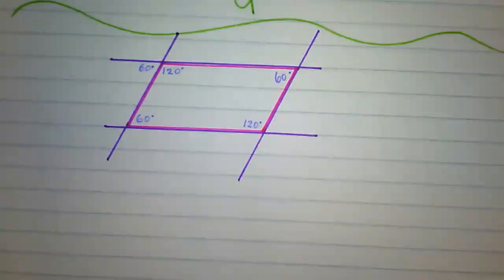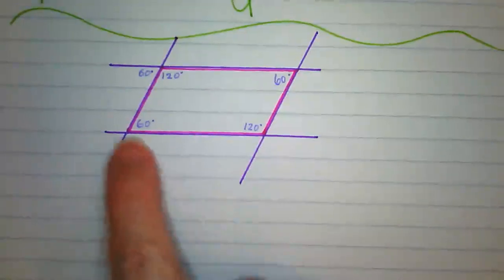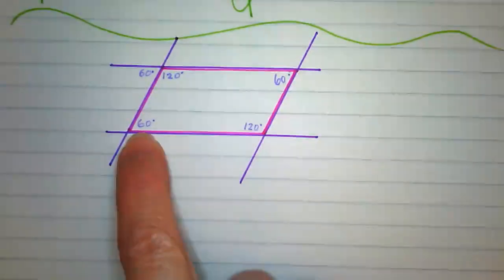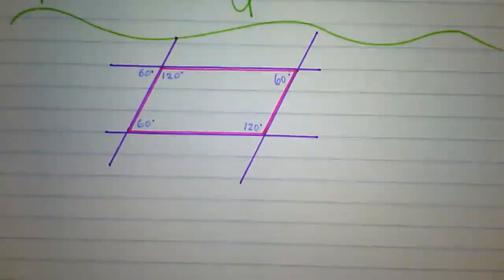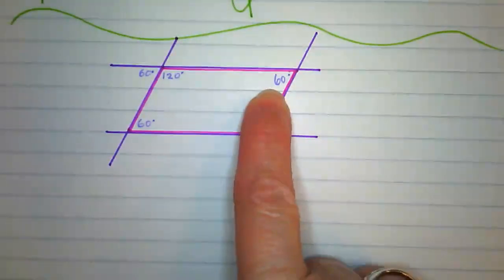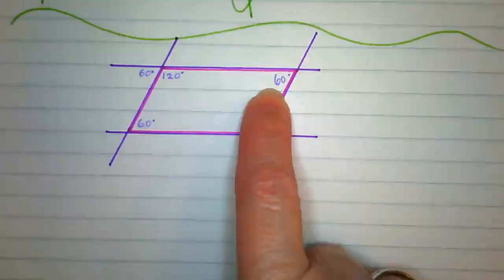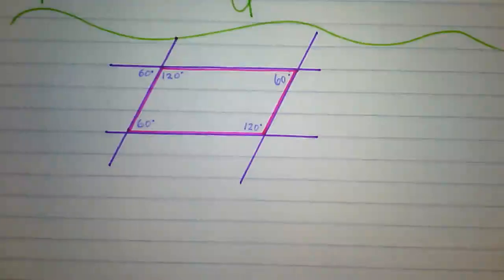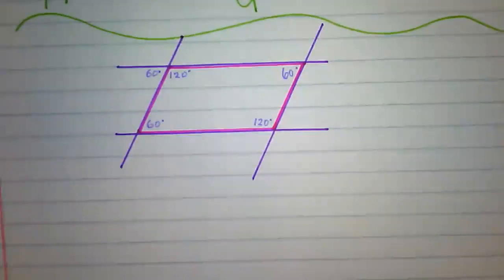Something else that could happen is if we knew the measurement of this angle maybe was 60 degrees and this one up here was 2x plus 5, we could easily make it into an equation. That's what I want to look at on the sides.